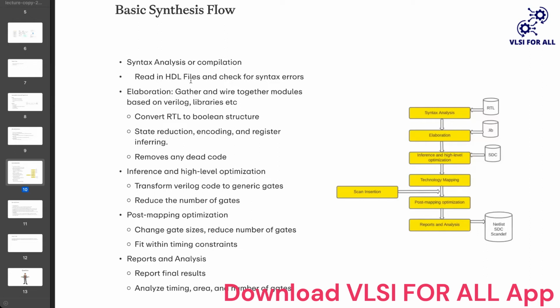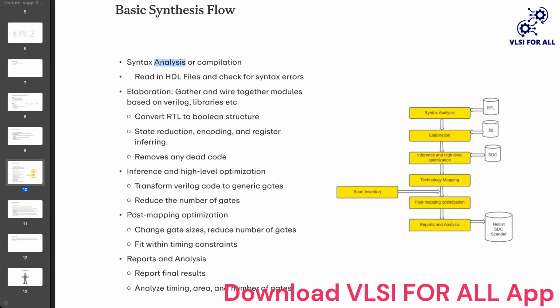Good. Okay. So like I said, in the first step, syntax analysis, you look for the syntax errors. That's the main thing. The next step is the elaboration, right? So what happens in an elaboration? It reads through the RTL code, then it converts the RTL into the Boolean structure.